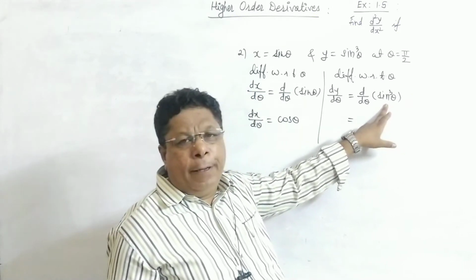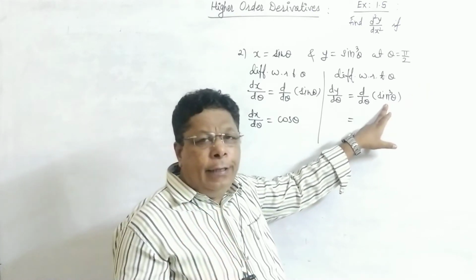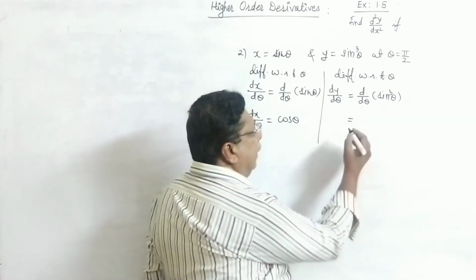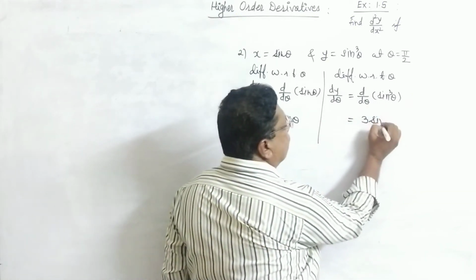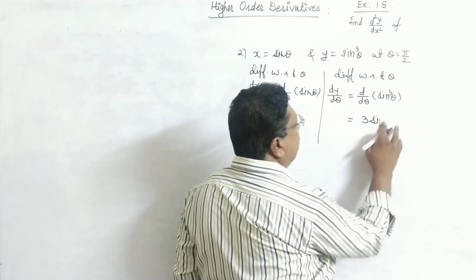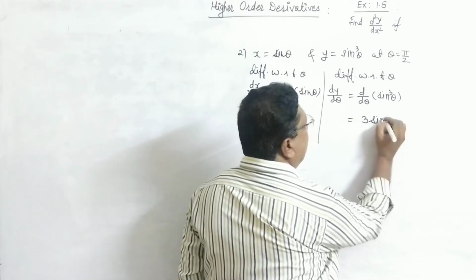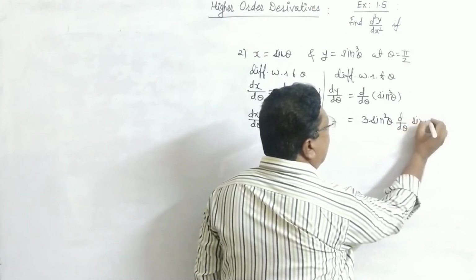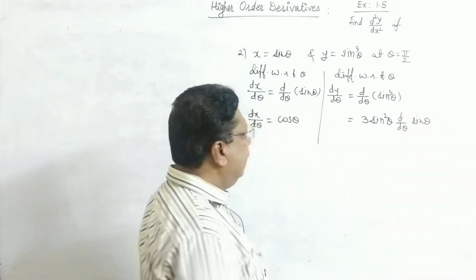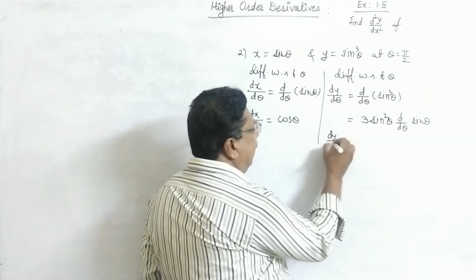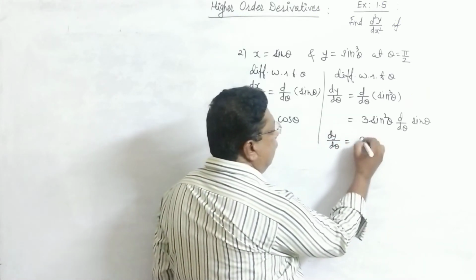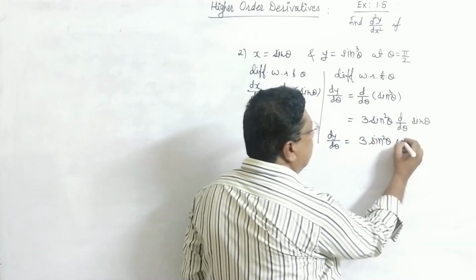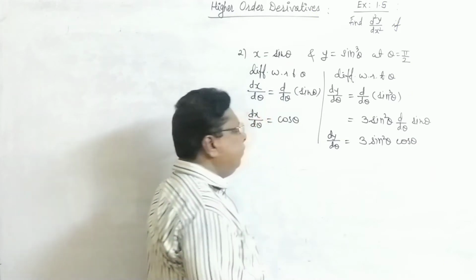What is the derivative of f(x) raised to n? That is n into f(x) raised to n minus 1. So the derivative of sin cube theta is 3 sin square theta into d by d theta of sin theta. So the required dy by d theta is 3 sin square theta cos theta, since the derivative of sin theta is cos theta.